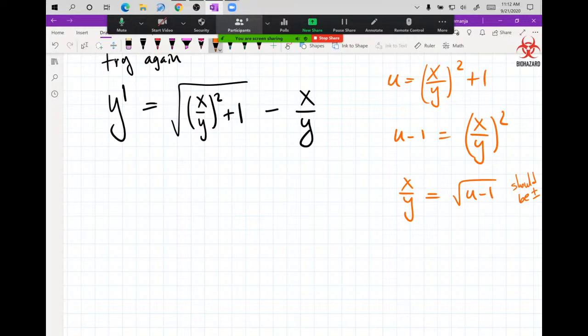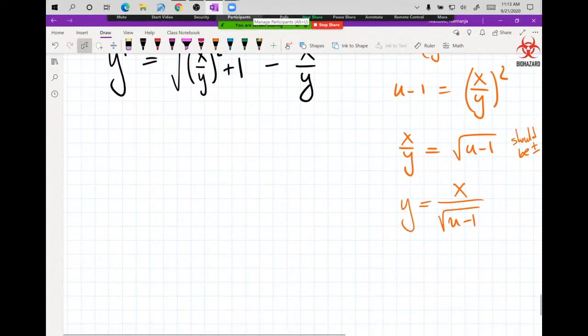And then from here, y is equal to x over the square root of u minus 1. So you see that now it's different than before. It's harder, clearly, but it's going to give us different algebra, and then hopefully we can do something from there.